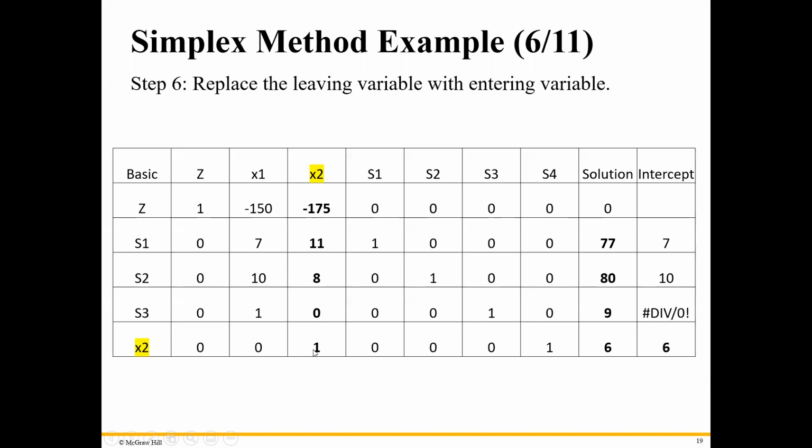For example, if I want to make this minus 175 a 0, I will multiply this row by 175 and then add it to minus 175. Similarly, if I want to make this 11 a 0, I will multiply this row by minus 11 and then add it to 11.